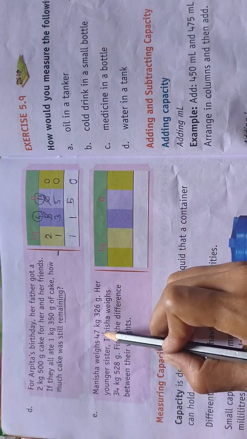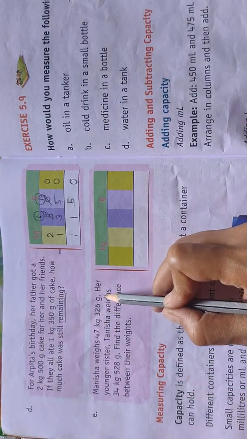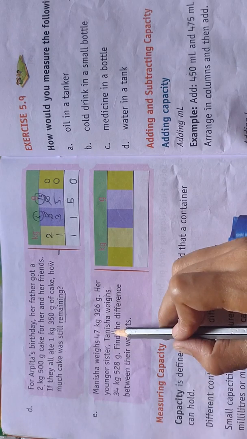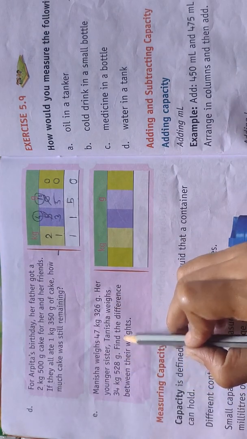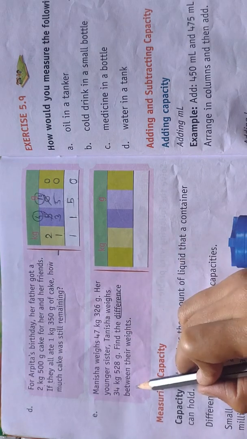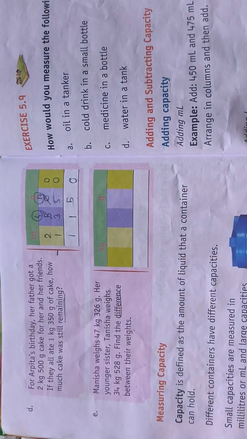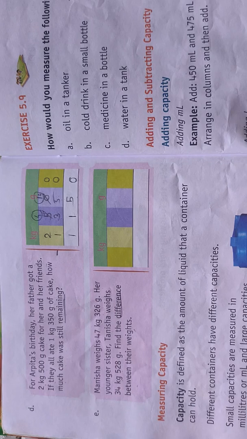Manisha weighs 47 kg 326 gram. Her younger sister Tanisha weighs 34 kgs 528 grams. Find the difference between their weights. As the word difference came, you understand what operation we have to perform here. What? That is subtraction, right?